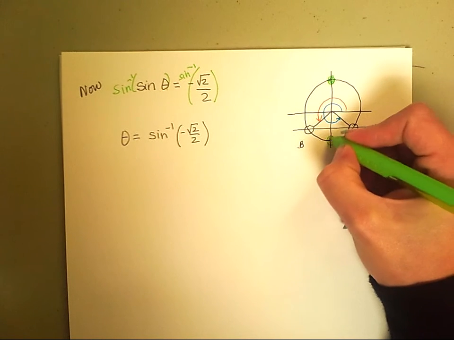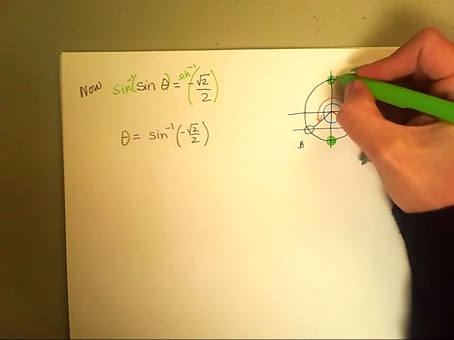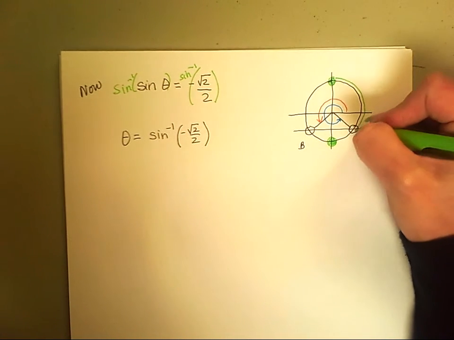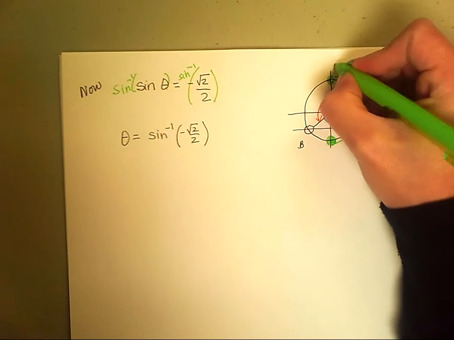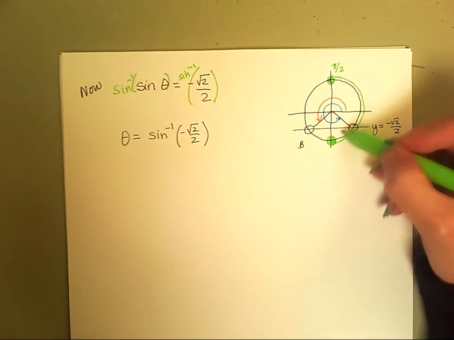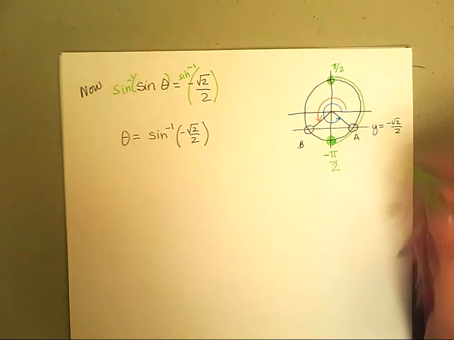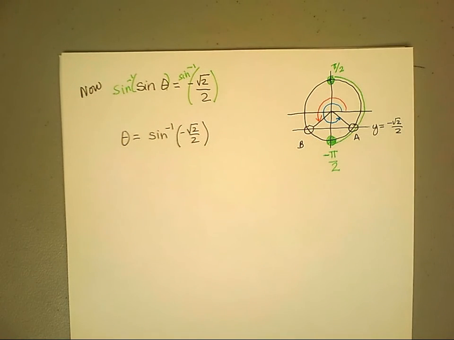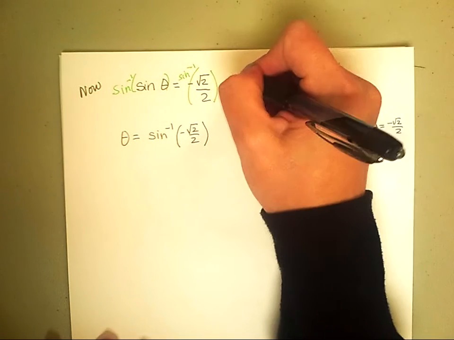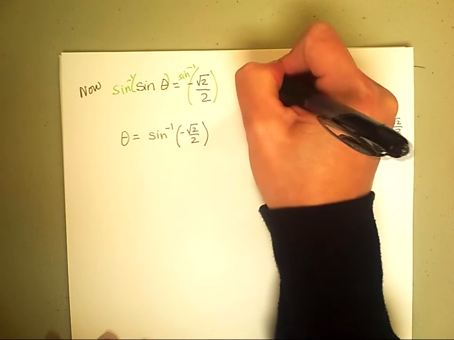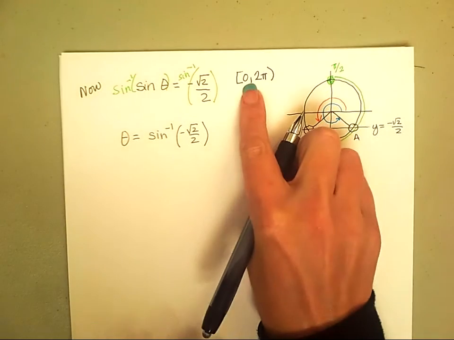The inverse restrictions go on this side of the circle. But remember, up top it goes from pi over 2, and then when you drop below here, you actually start measuring in negative angles. And let's remind ourselves that we're solving on 0 to 2 pi.